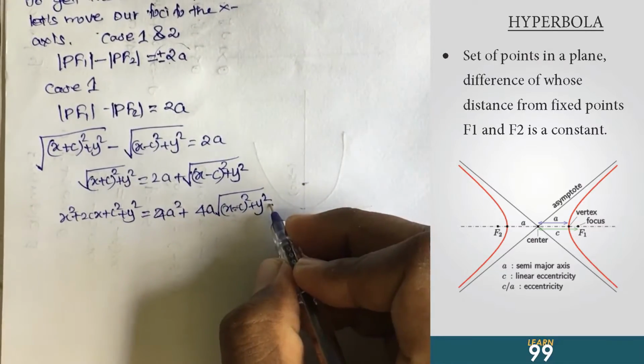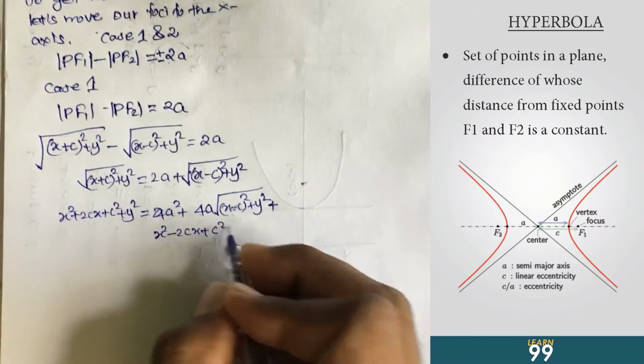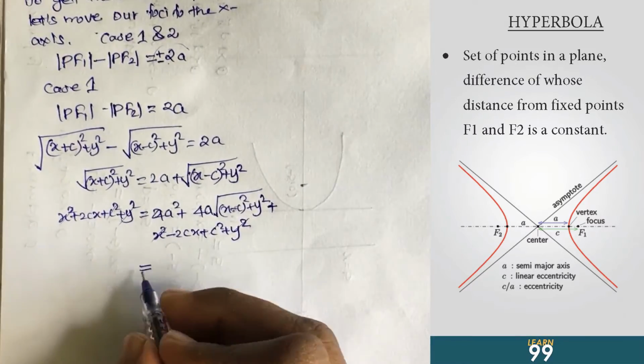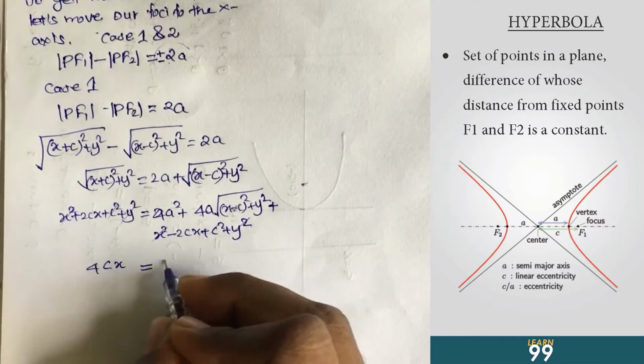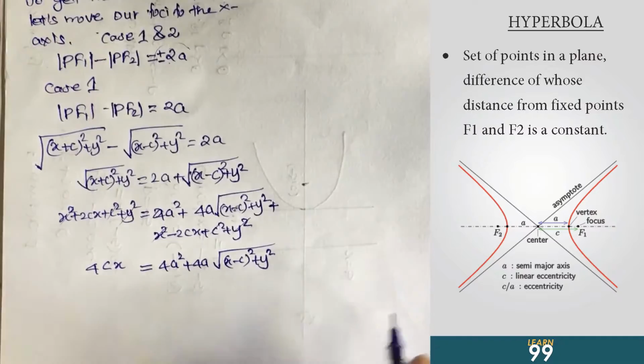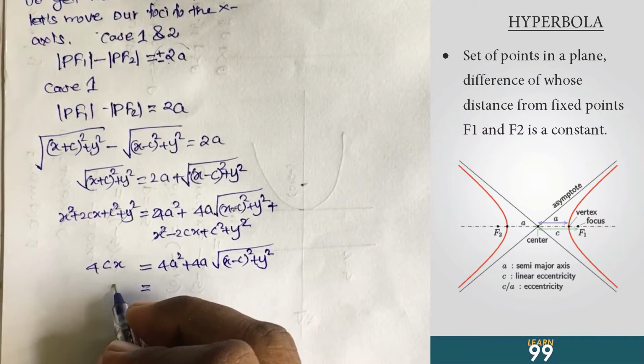So simply we will get, some parts disappeared and also we will get 4cx equal to 4a squared plus 4a times the square root of (x minus c) all squared plus y squared.